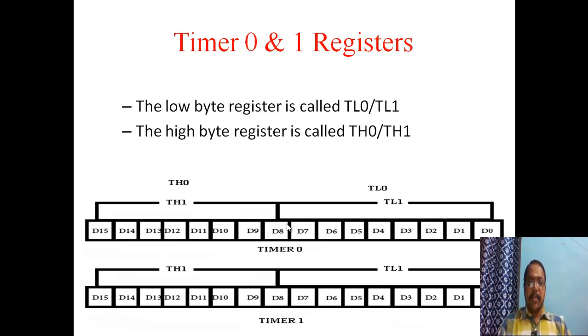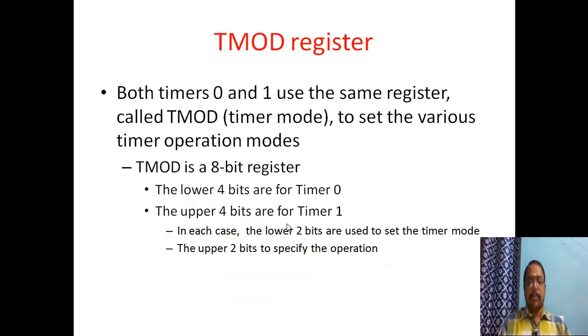Please listen, timer is an up counter. If you load a value, it will be incremented by 1, and when it reaches FF, on the next clock it will change to 00. So it is overflowing, the overflow flag will be set, and we conclude that the timer is over.